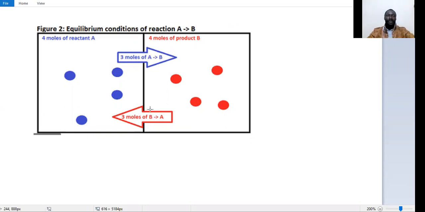So as you are losing, you're also gaining.